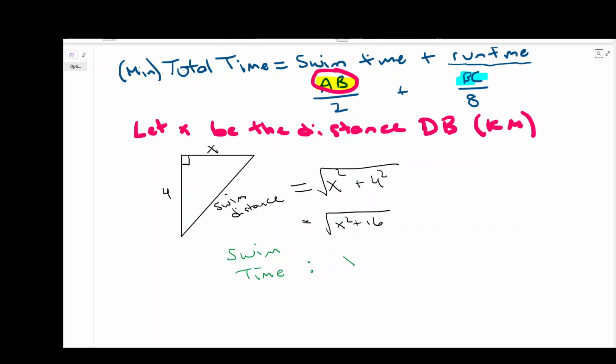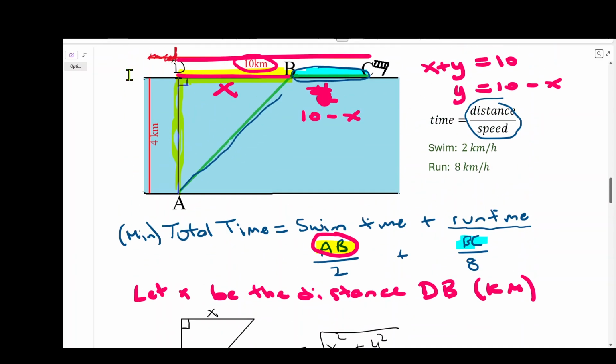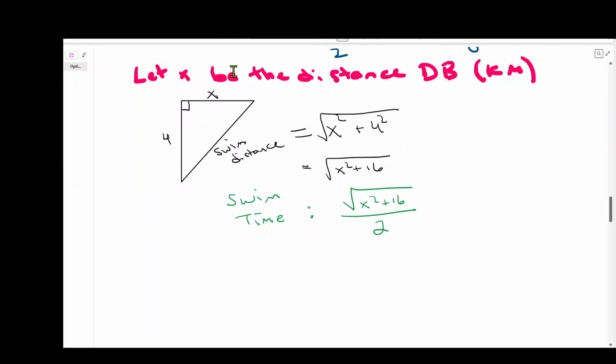Swim time would be distance divided by speed. So that is the time it's going to take me to swim that Pythagorean hypotenuse line. And now I need to figure out how long it's going to take me to run. So we're running 10 minus x kilometers. So for run time, the distance is 10 minus x and the speed is 8.